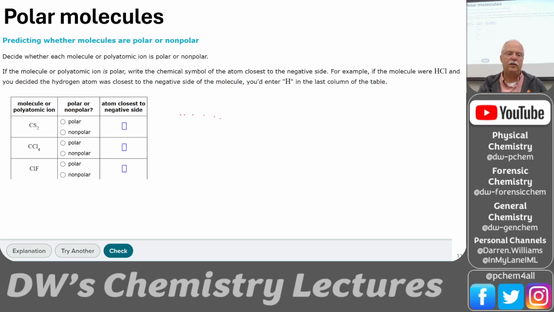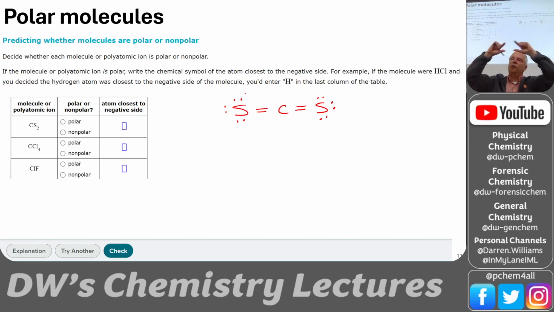Okay, CS2. So here we have an S on one side. It's very similar to CO2. If you look at the periodic table, S is right below oxygen. CO2 has a double bond between the carbon and the oxygens, and if we just swap out the O's with S's, we have the same structure, with sulfur on both ends of the molecule.